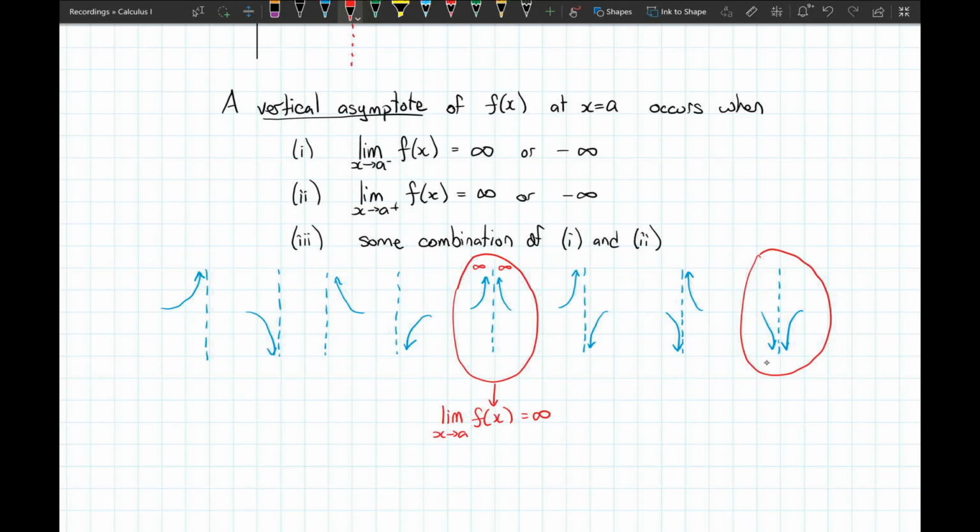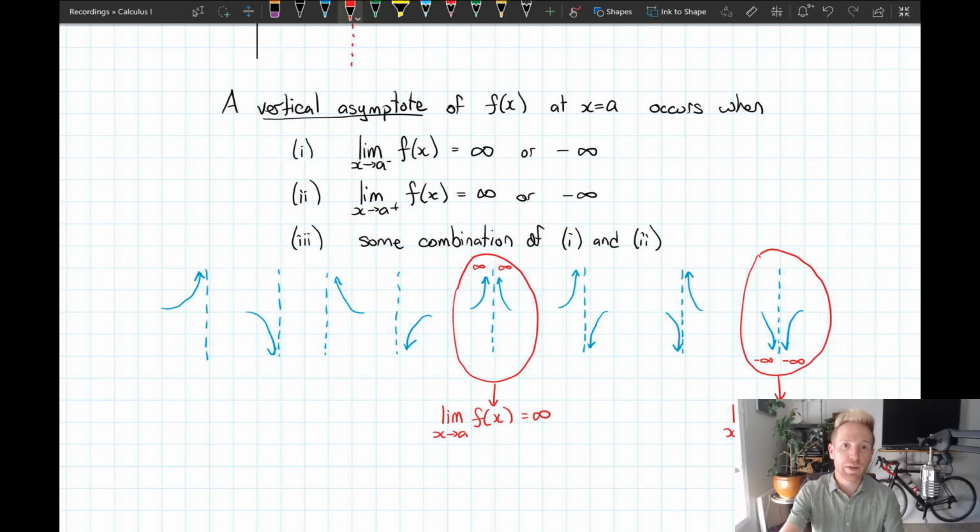And in this other example, it appears that the left and right-hand side limits would both be equal to negative infinity. And so since they agree, we could write that the limit as x approaches a from both sides also equals negative infinity. But again, it does not exist because negative infinity is not some value that we can get arbitrarily close to.